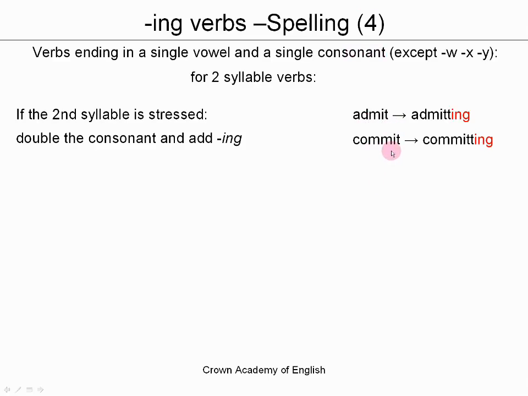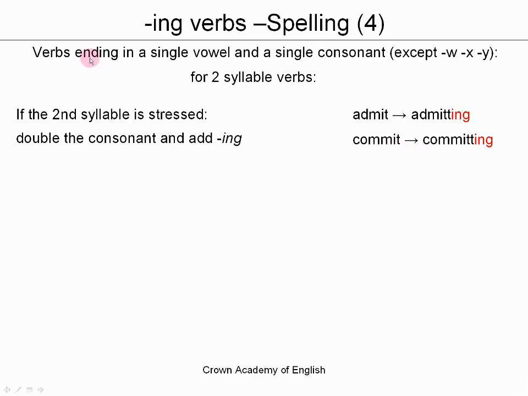And it's the same with commit. Commit has two syllables, com and mit. But we say mit much stronger than com. We say commit. We don't say commit. So the rule is the second syllable is stressed. Okay.